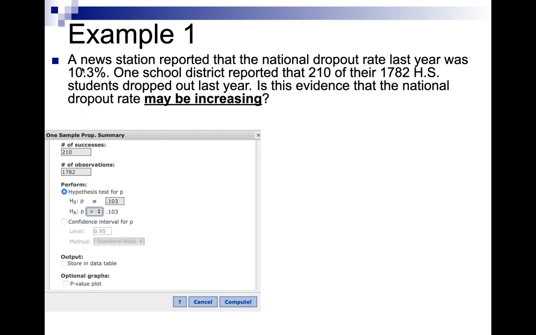The percentage in this case was 10.3%, which is 0.103 as a decimal. And notice in the drop-down menu here, I chose greater than because of the wording of the question. Is this evidence that the national dropout rate may be increasing? So I chose greater than in there, and I clicked compute.